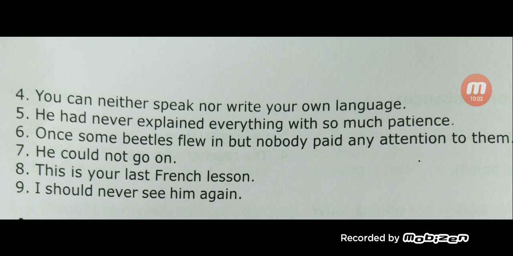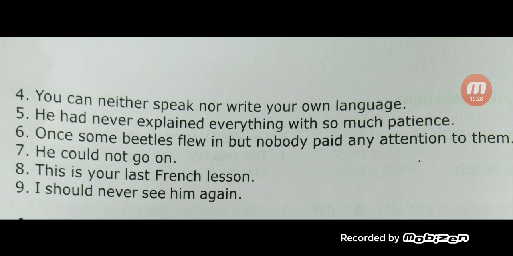There are positive words in the sentence, so you will be writing negative. Didn't they; them will become they. Next one, "He could not go on." Could not is there, so: could he? "This is your last French lesson." This is there, so: isn't this?